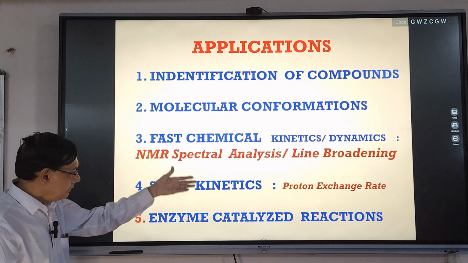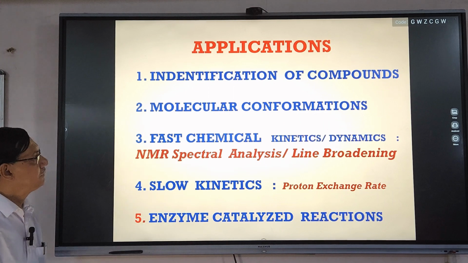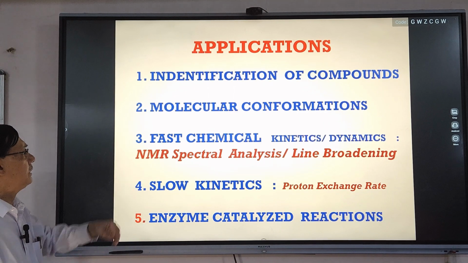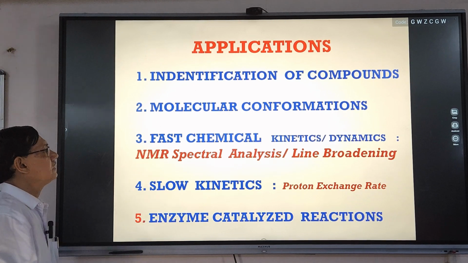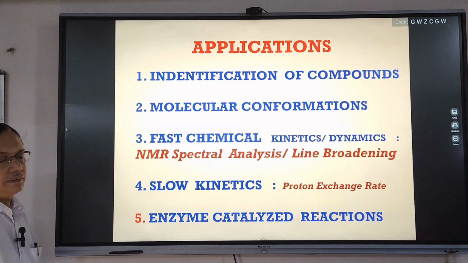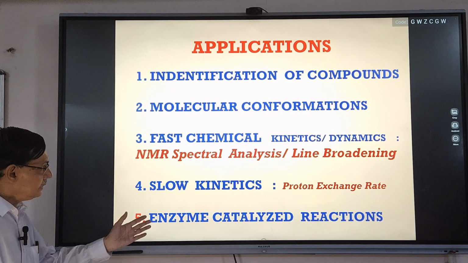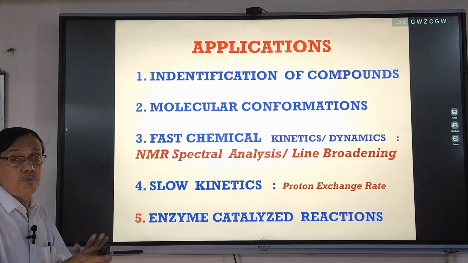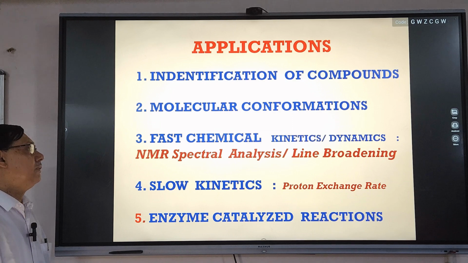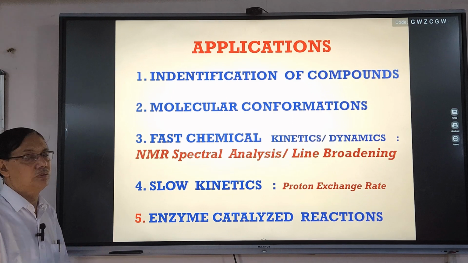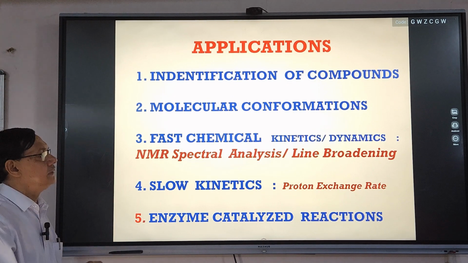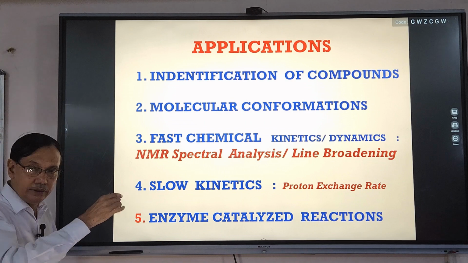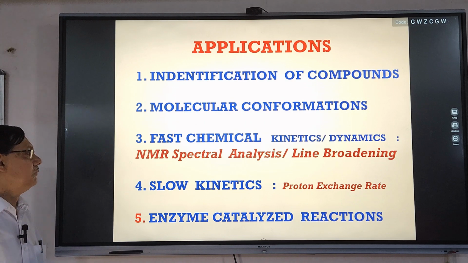So therefore, I am not concentrating on the identification of the compounds, but I am concentrating on the fast chemical reactions. That is of course kinetics as well as the dynamics is also important. That means you can also determine the reaction mechanistic pathways with the help of NMR spectral analysis as well as the line broadening of the NMR signal.